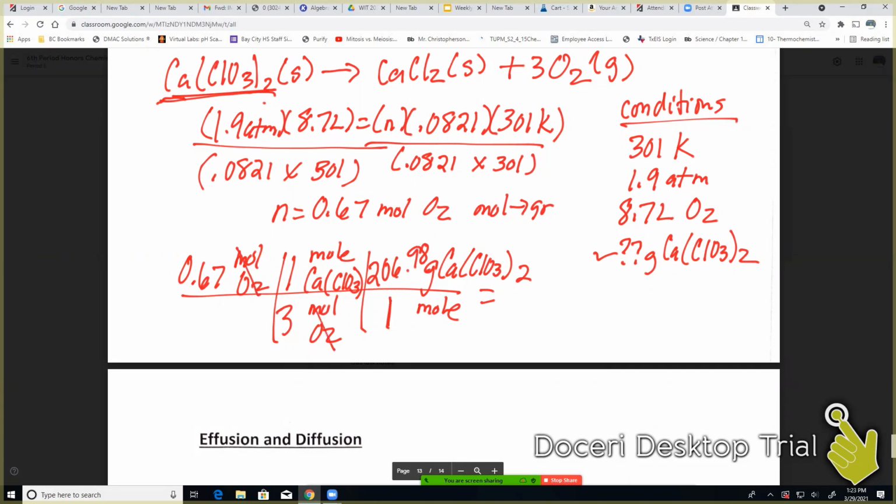So my moles cancel. And then I'm going to multiply across. Divide by 3, and it'll still need to just be 2 sig figs.